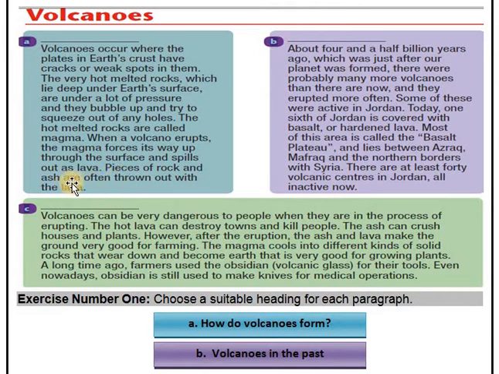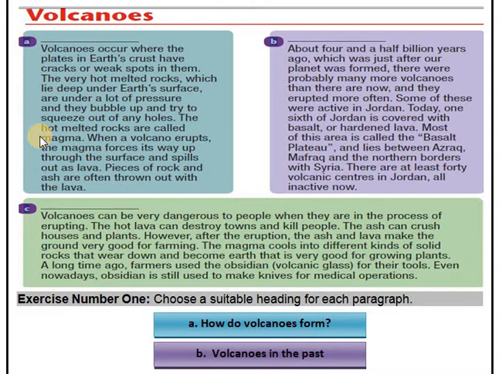Pieces of rock and ash are often thrown out with lava. Okay, من هون نرجع نركز على what are the hot melted rocks called؟ راح تحكي لي magma. As you see at the end عم بيحكي لنا إنه الصخور الحارة المنصهرة تسمى magma. The hot melted rocks are called magma.